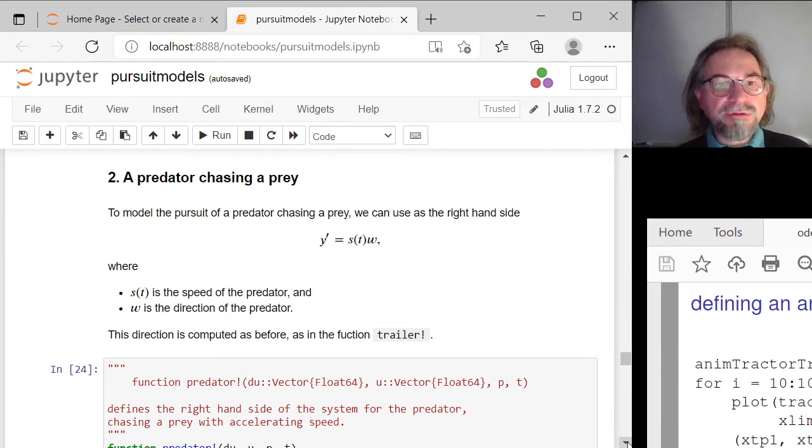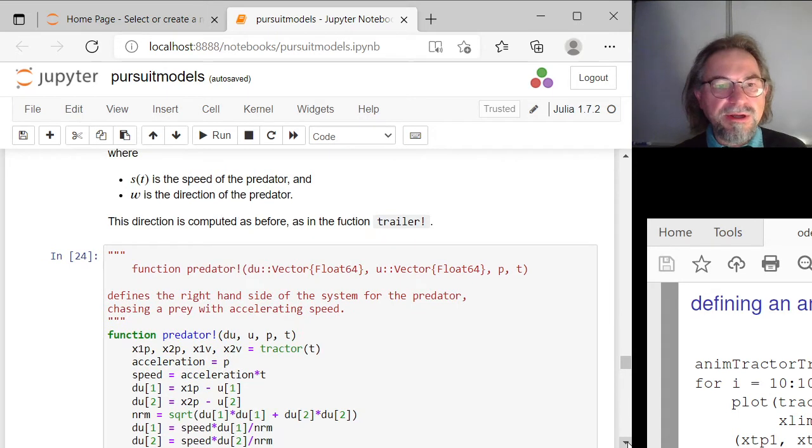So the model of the tractrix can be modified by using the speed. We have already computed the direction of the predator, of the trailer to the tractor. So we have already that. What we need to add now is the speed.